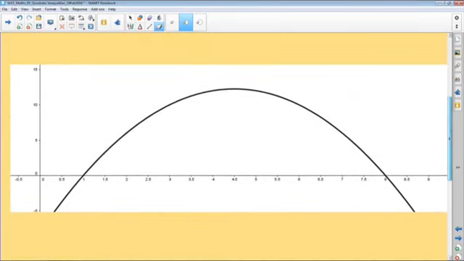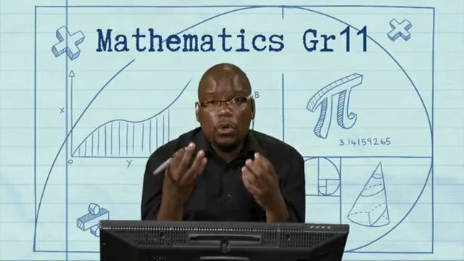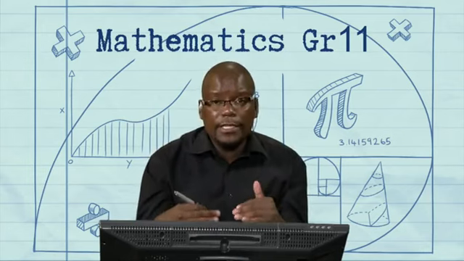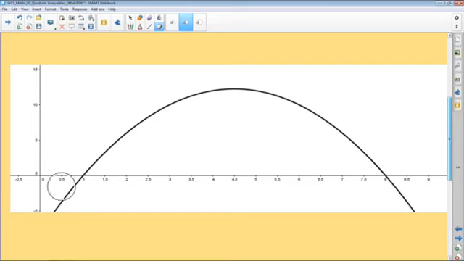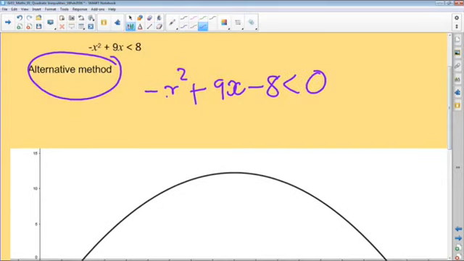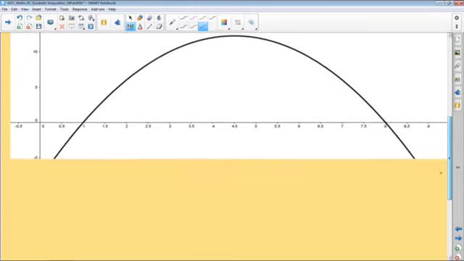Where is this function less than 0? In your head, it has to always say, okay, with less than 0, it's always below the x-axis. So it's all the way here, this side, and then also that other side.